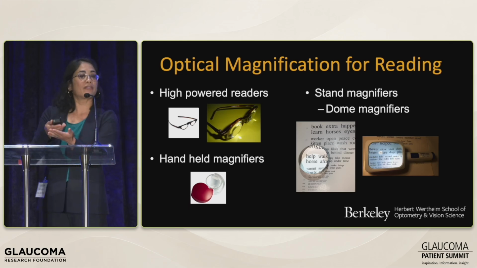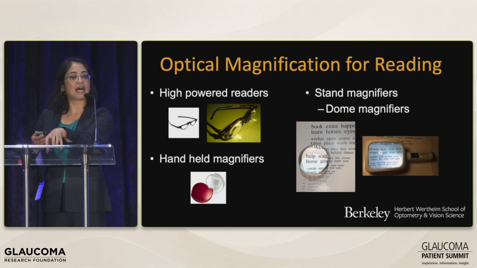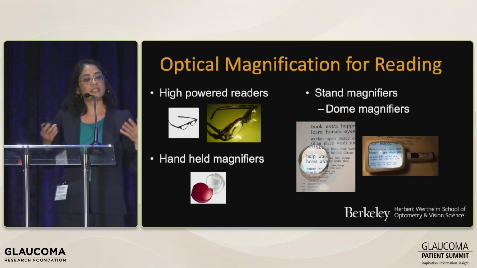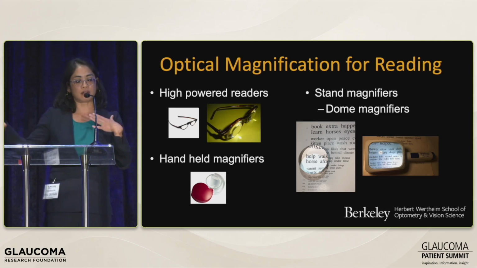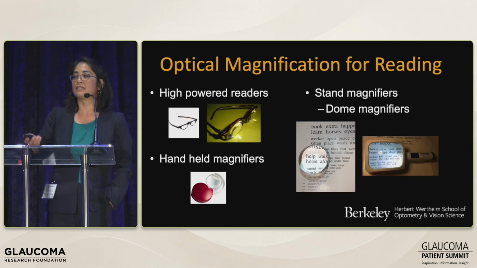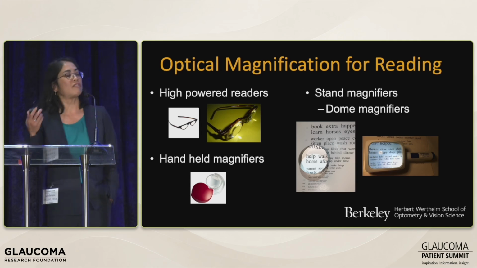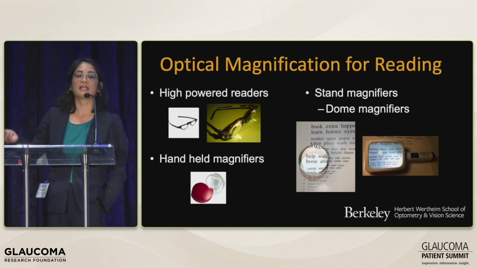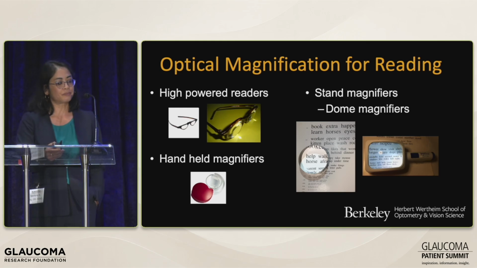Perhaps you don't want to hold it up for that focal point. Have it stand flat on the page, and now you have a stand magnifier. These options, with pictures up here on the slide, can come with lights embedded in the system. So if your contrast sensitivity is affecting how well you can read, and you want to make it brighter, there are already lights embedded in these systems.